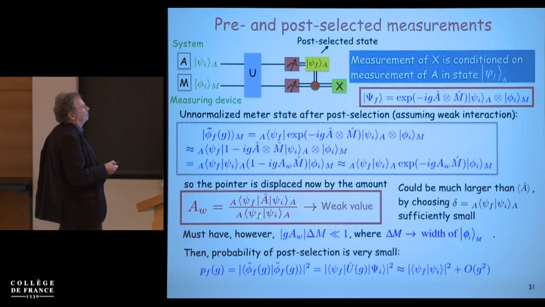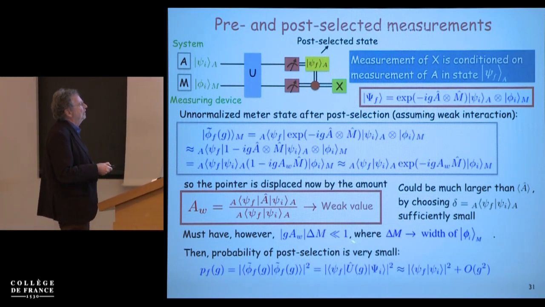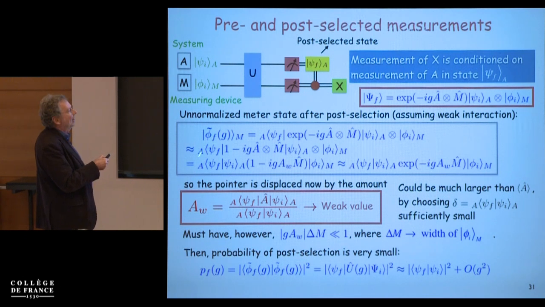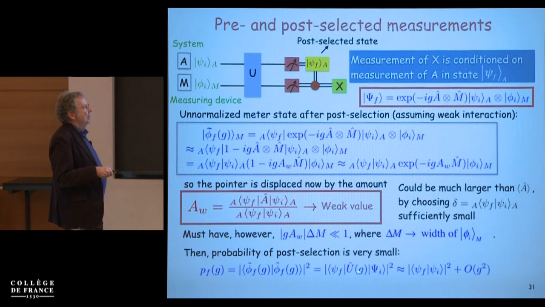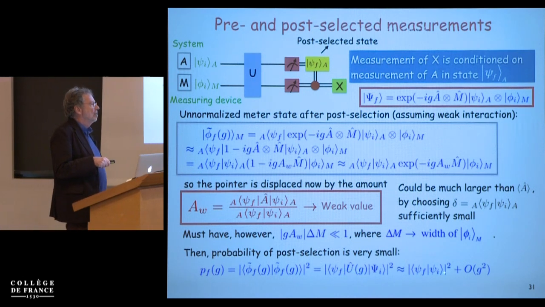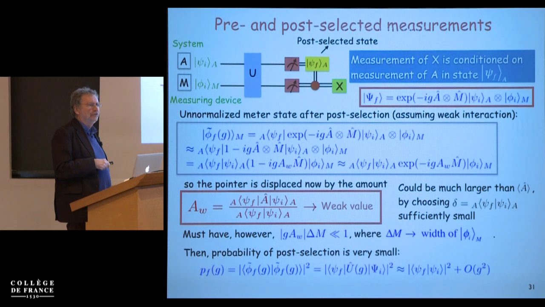Furthermore, you can calculate the probability of post-selection. That's just the norm of this state here because it's not normalized. And that's given by this expression here. It's just the post-selection of the evolved state onto the state of the system. And if you expand this in terms of g, you see that the first term is 1, and then you have corrections of the order of g squared.